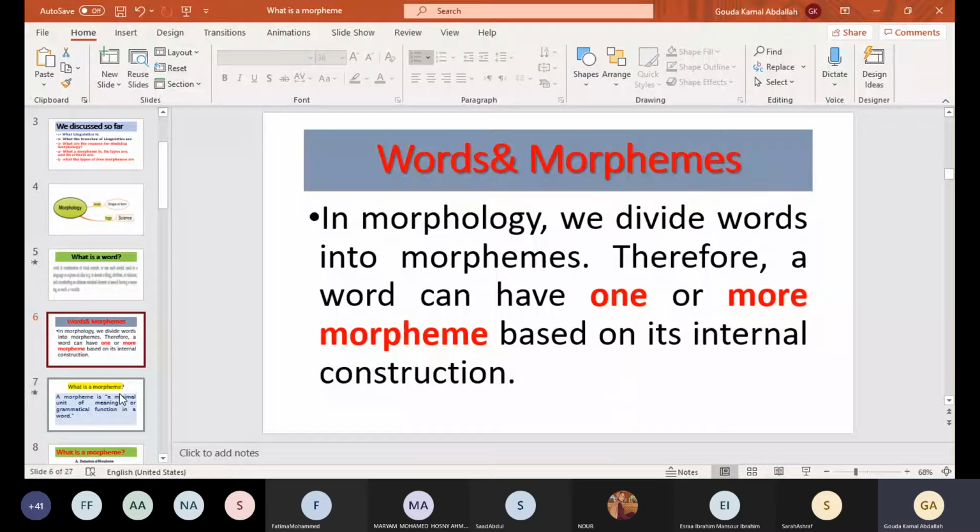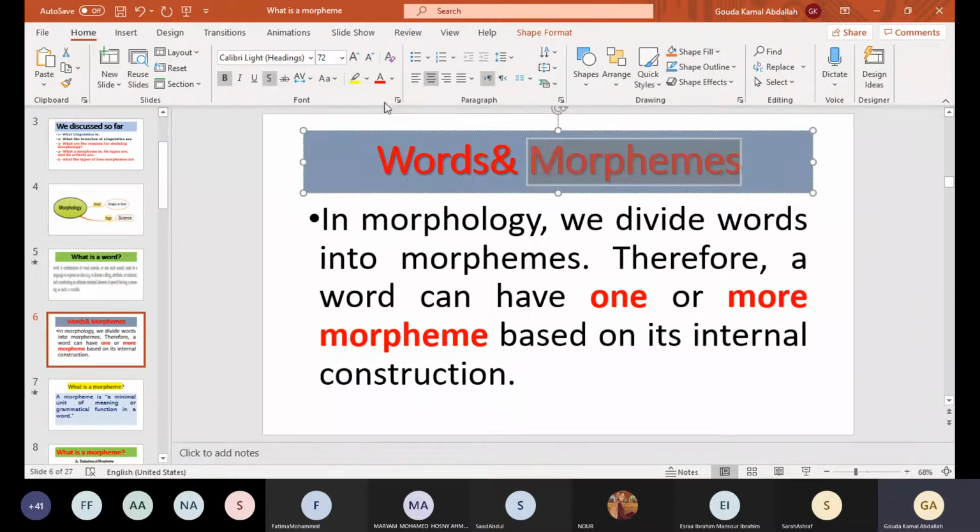But in morphology, we are not going to start our examination of the language by studying the word. We need a smaller unit that could help us to study words. This unit would be the morpheme. You could think of a morpheme as just a part of the word.